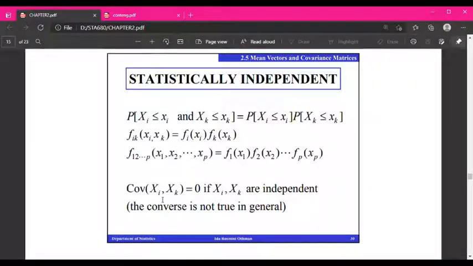If xi and xk are dependent, there will be a covariance between xi and xk. Because the covariance between xi and xk is 0, we get this equation. So if the covariance between the two variables is 0, we can say that the two variables are independent.